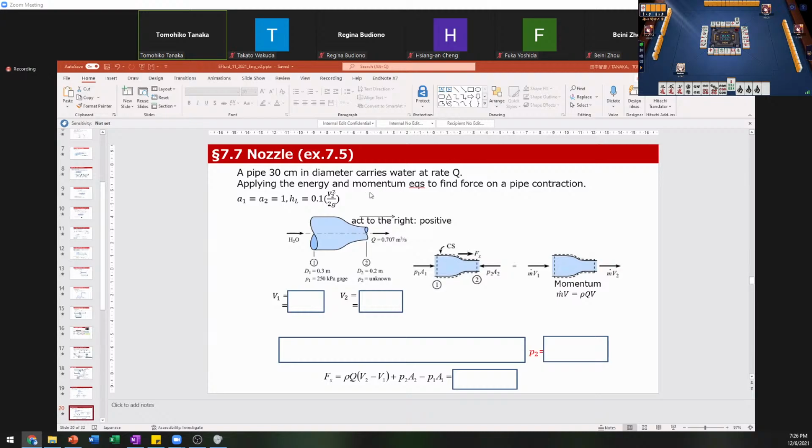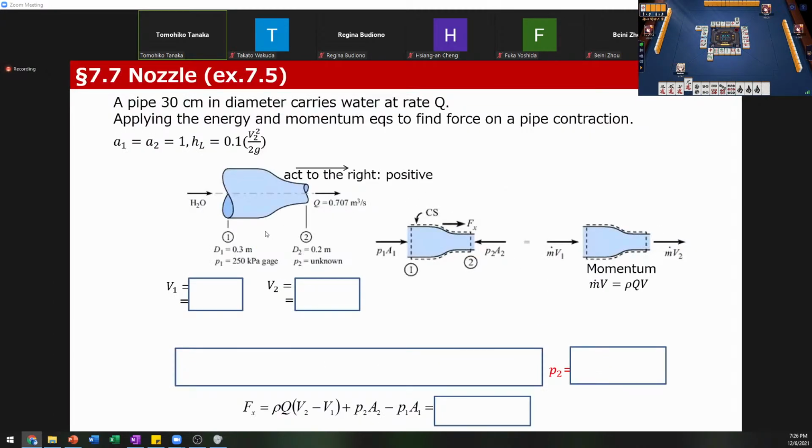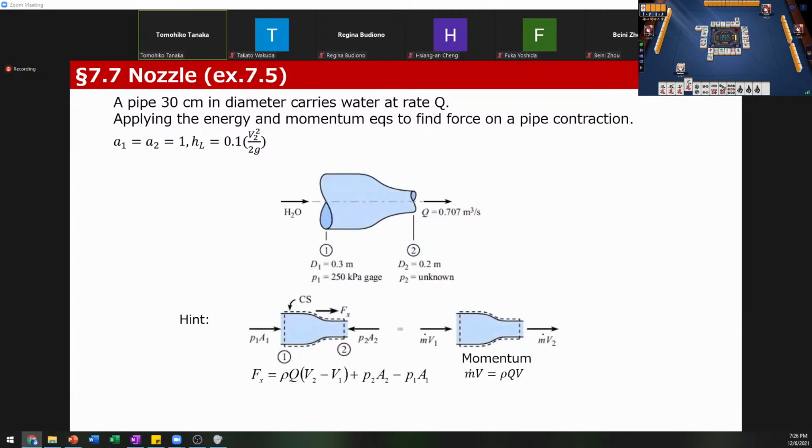And let me briefly explain the solution here. So first, you can start from the momentum equation, in which the rate of change of the momentum in the system is a summation of the forces, right?